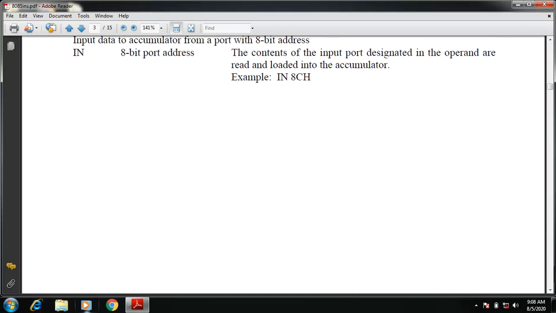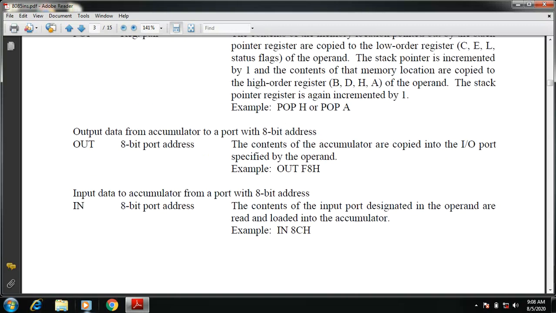So this will complete data transfer instructions. So what are the data transfer instructions supported in 8085? First one is move instructions, that is move register to register, register to memory, memory to register, then move immediate.